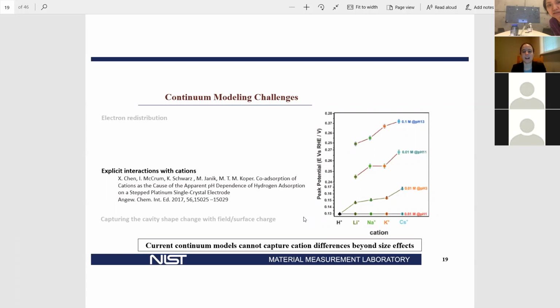Otherwise, you wouldn't be able to capture any of the cation effects. This is strictly an explicit interaction between the cation and the OH. And a size effect on the field is not going to be able to explain the differences, I guess. I don't think so.